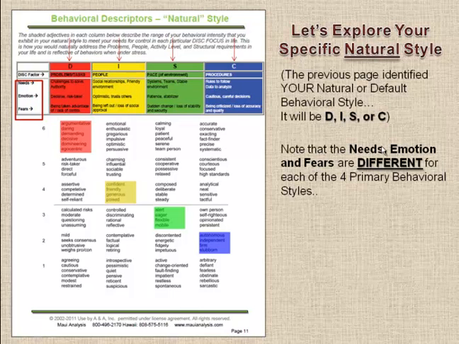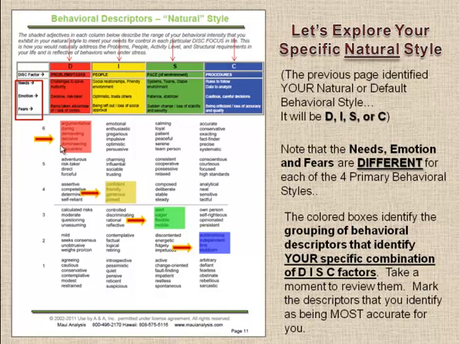Note that the needs, the emotions, and the fears are different for each of the four styles. Very, very important. Also, the colored boxes show you the intensity of this individual's dominance, this individual's influence or extroversion, this person's steadiness or patience, and this person's compliance.